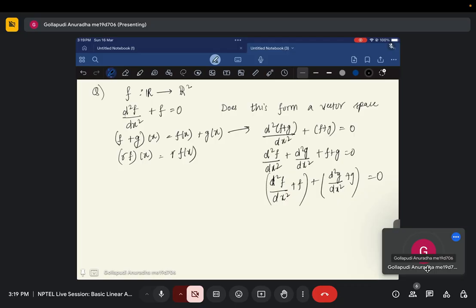So f of x plus g of x is equal to 0. So that satisfies.